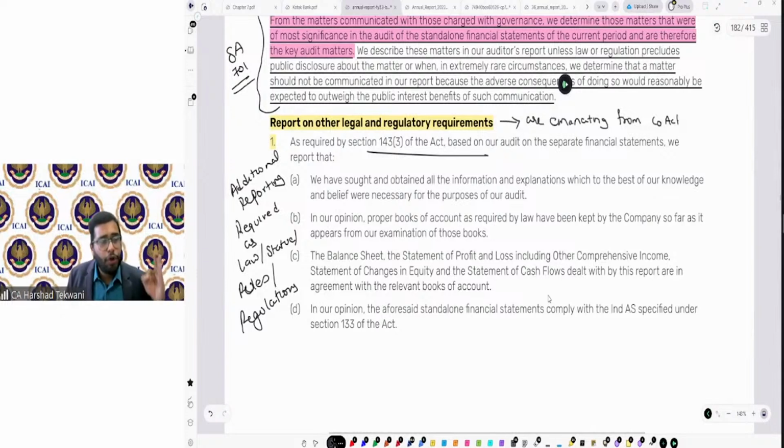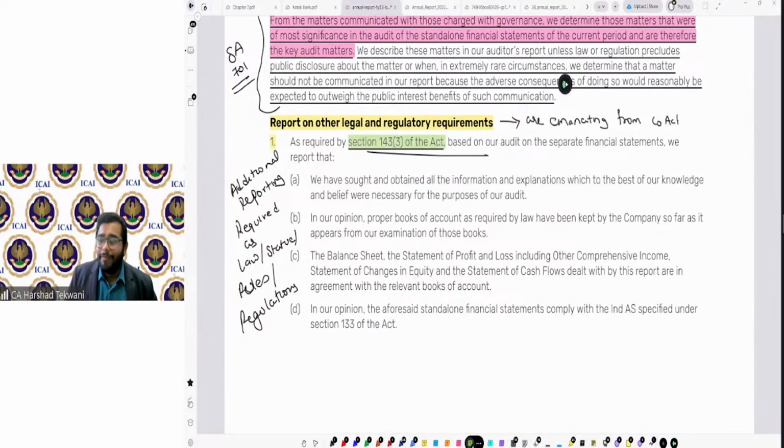So when I say report on other legal and regulatory requirements, this is the reporting required as per any law or regulation applicable to that entity. Or in most cases, we will see reporting requirements as per section 143(3) of the Act, which is this one. Section 143(3) of the Companies Act imposes a reporting requirement for the auditor, and that we need to understand.